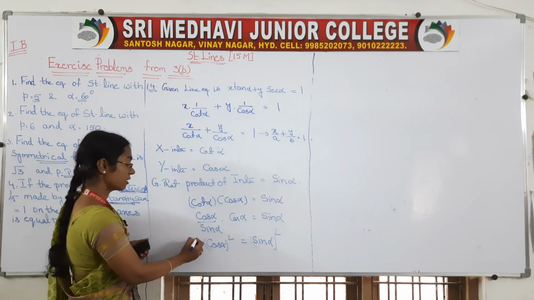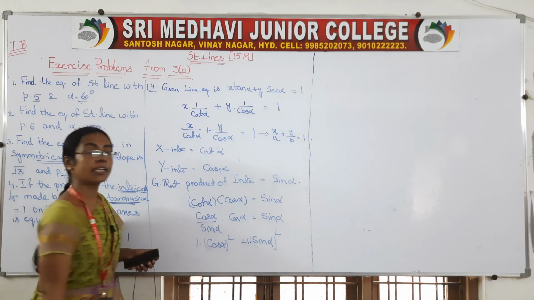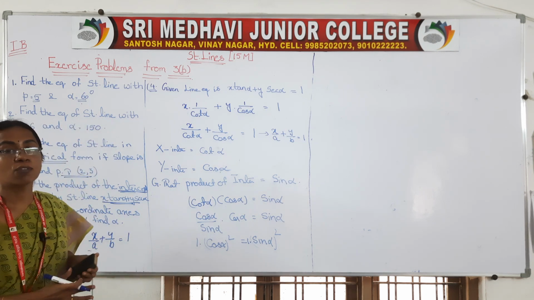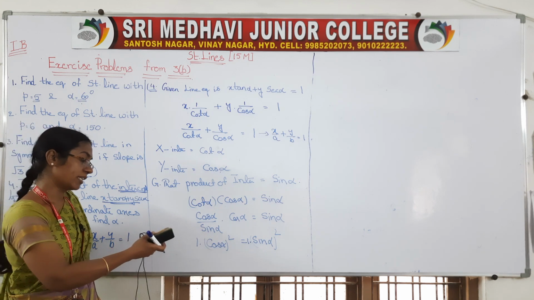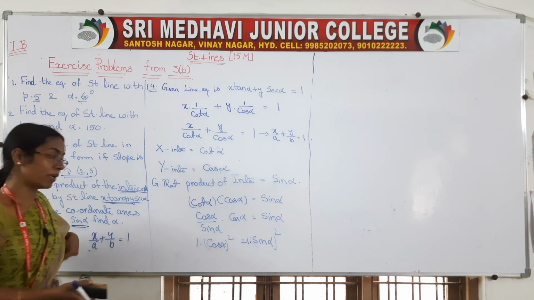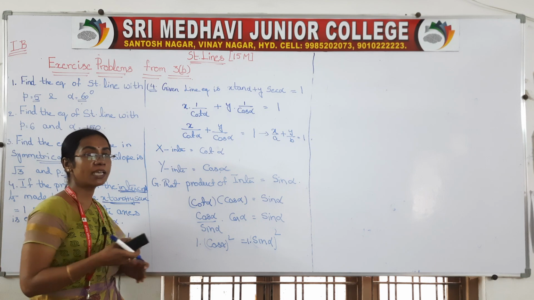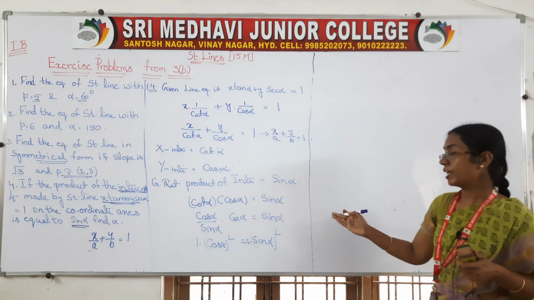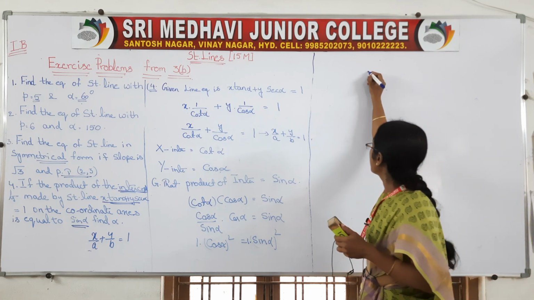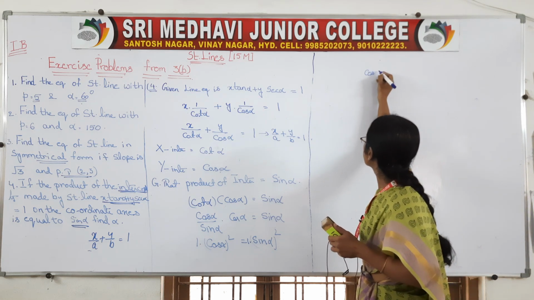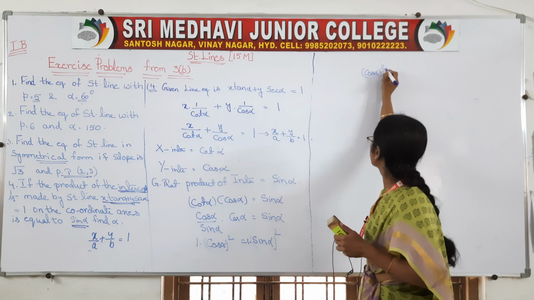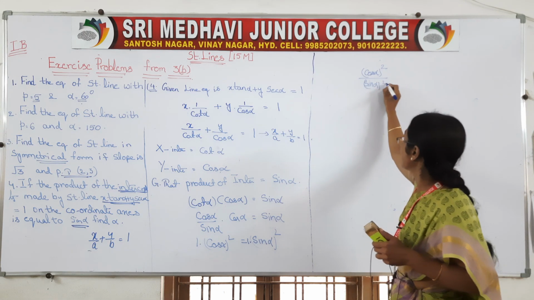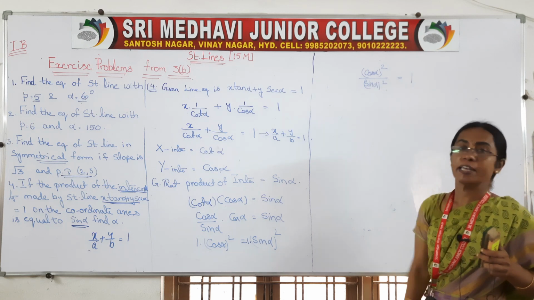So nothing is there means 1 into, right? So bring that sin alpha whole square to this side. What happens? It will be in the form of cos by sin. It is cos alpha whole square by sin alpha whole square is equal to 1.